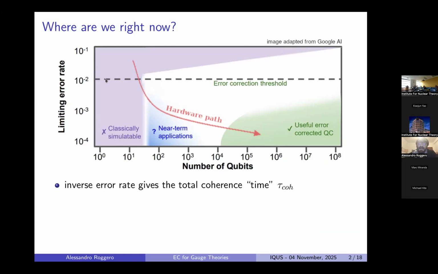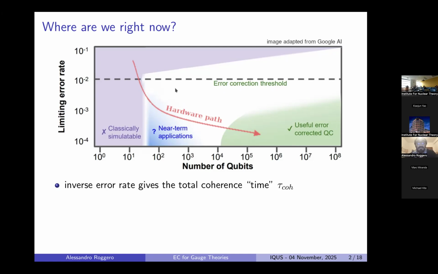What you see here is a depiction, in purple, of regions either at small system size or at small gate count that are easy to simulate classically. Down here, in the tens of thousands of qubits, is possibly where we would like to start seeing some applications in nuclear and particle physics.